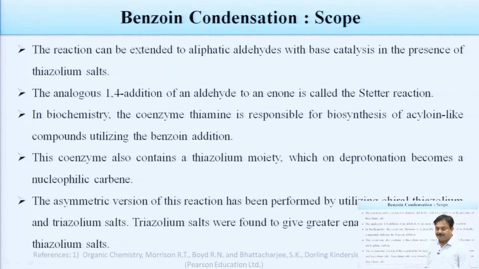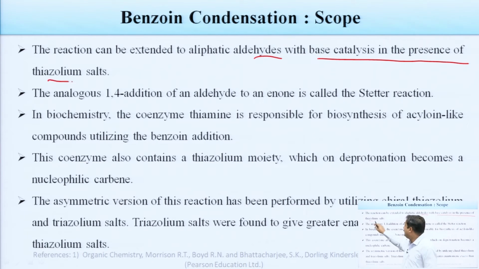So, now coming to the scope, as I told you, this is a very important reaction. Benzoin condensation has a wide scope in organic chemistry as well as in another branch of chemistry, medicinal chemistry. The reaction can be extended to aliphatic aldehydes with base catalysis in the presence of a thiazolium salt.